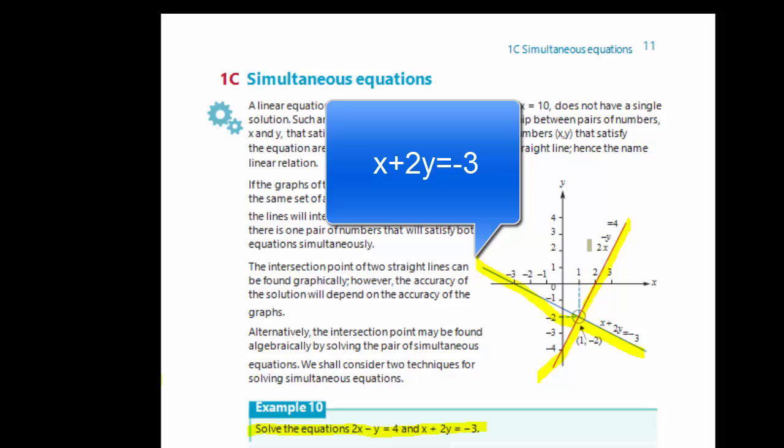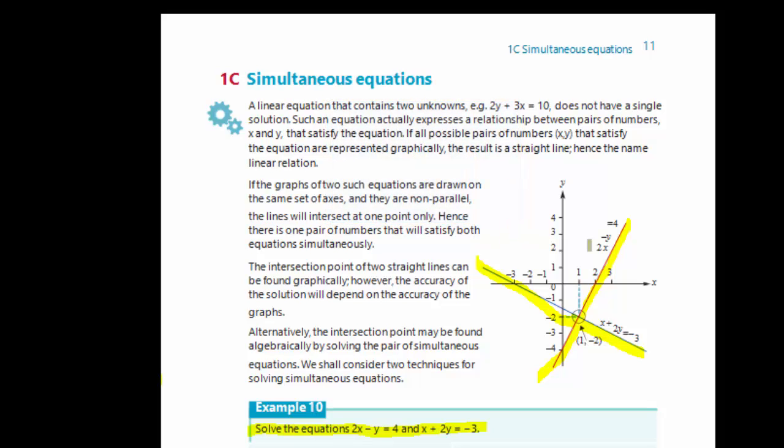Remember that an equation can be written in two ways. One is in the format y equals mx plus c, and the other one is just ax plus by equals c, and both of them are correct.